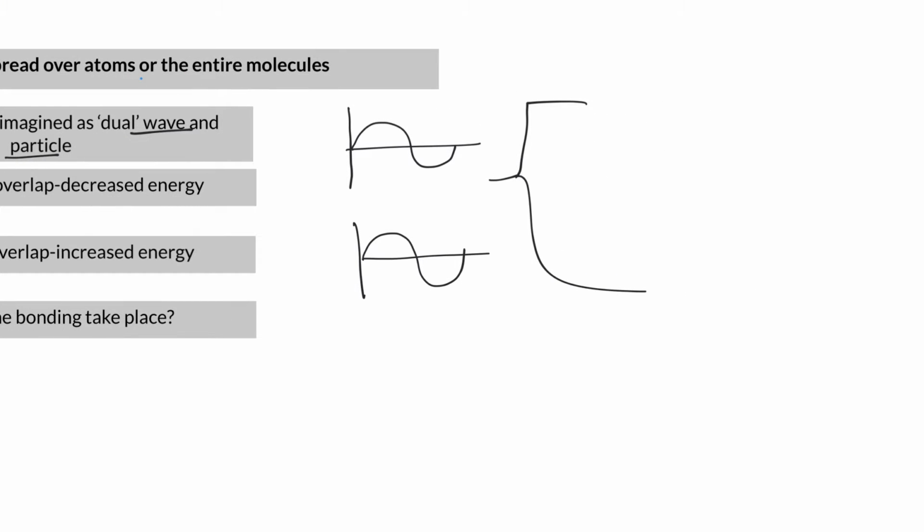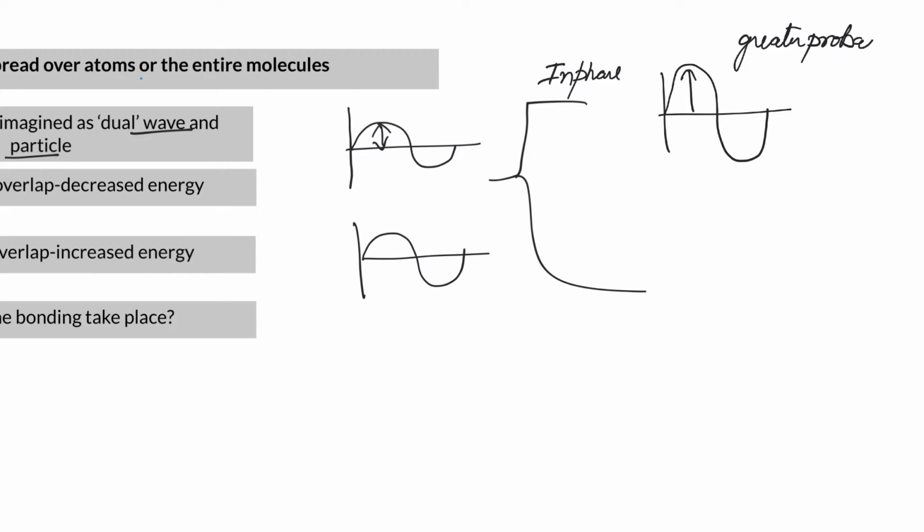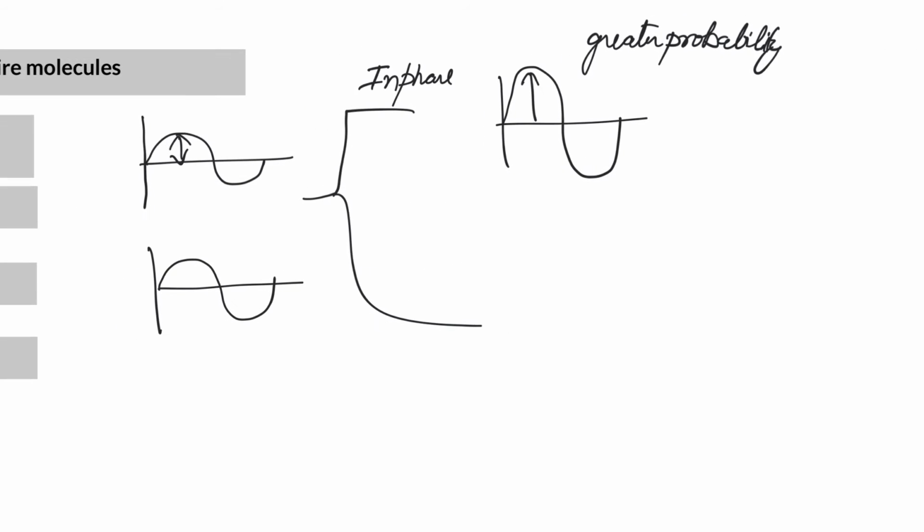They can interact in phase. When they interact in phase, the resultant amplitude would be larger. As you can see, the amplitude here has grown, right? That means we have a greater probability of finding electrons when we have in phase.